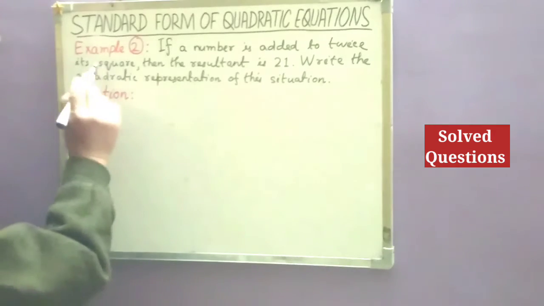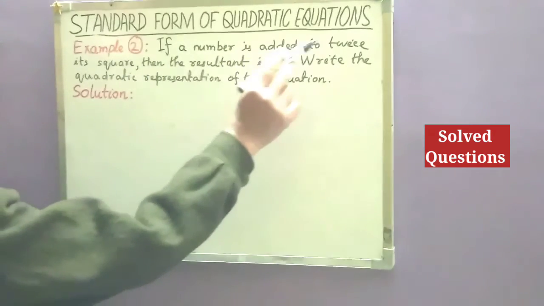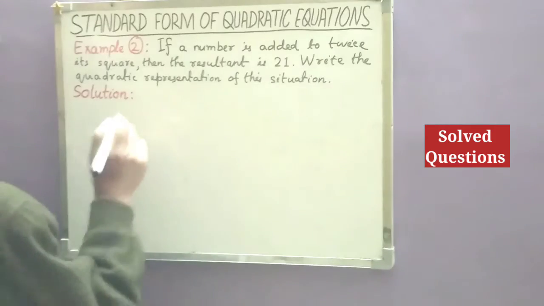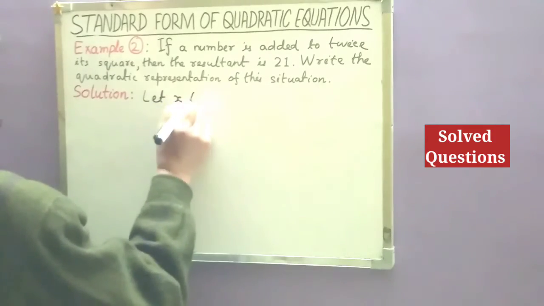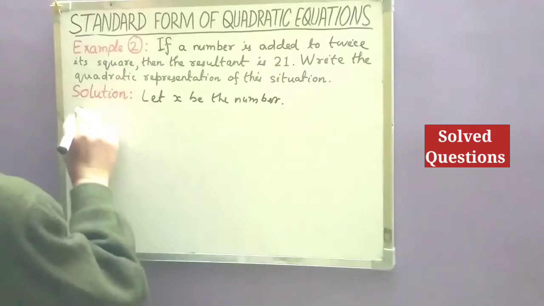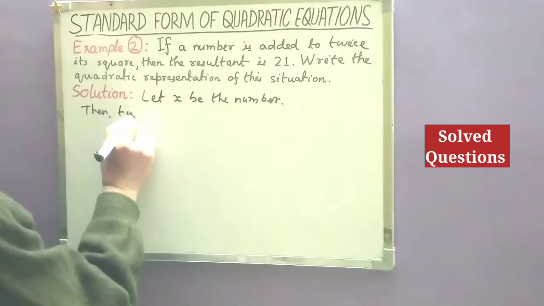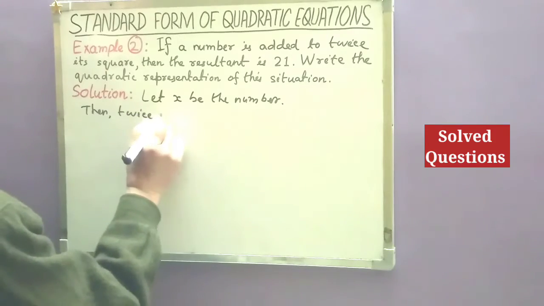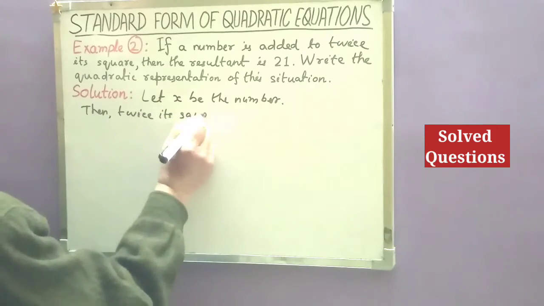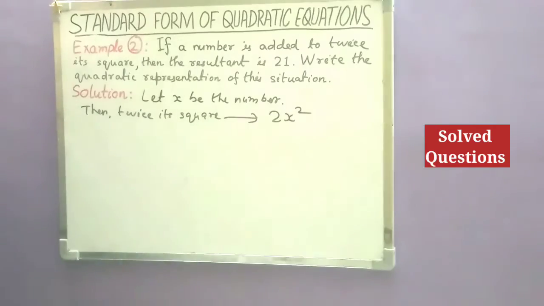Example 2. If a number is added to twice its square, the resultant is 21. Write its quadratic representation. Let's solve this question. Let x be the number. Then twice its square is given by 2x².